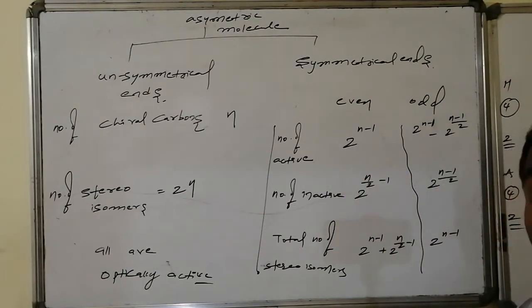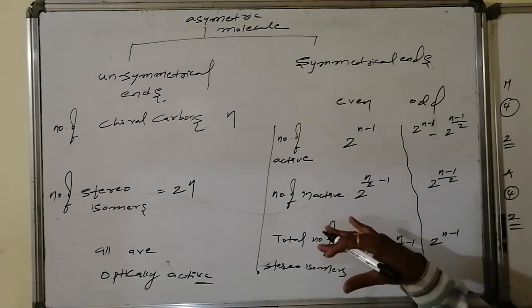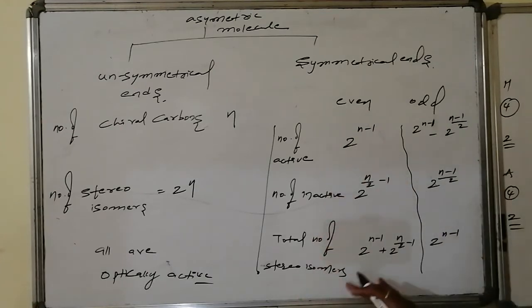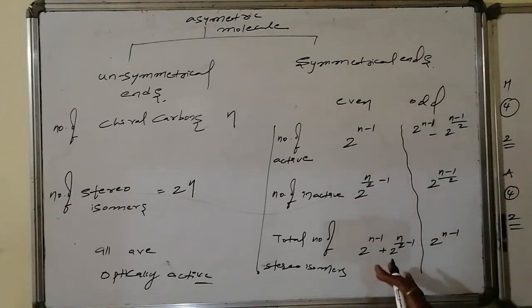The total number of inactive isomers is equal to 2 power n by 2 minus 1. The total number of stereoisomers is optically active plus optically inactive, that is 2 power n minus 1 plus 2 power n by 2 minus 1.